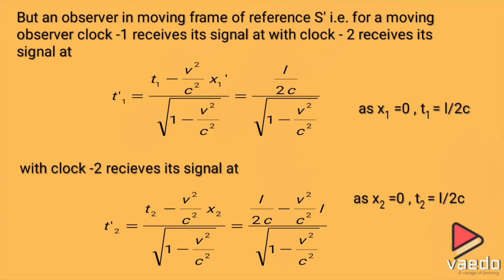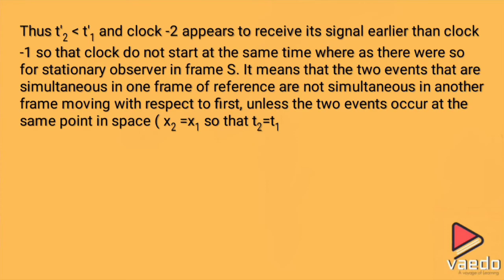So with the next point, as we consider that the two points x1 and x2 do not coincide, the perception of time for the first frame of reference will not exactly match the second frame of reference, by which our perception of simultaneity will be different.